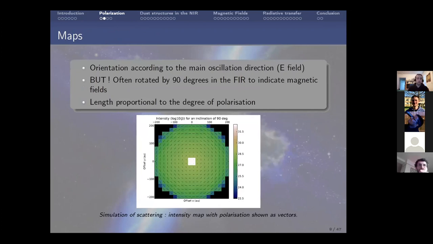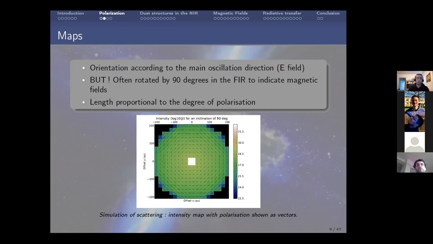So I'm also going to present polarization maps. Usually they are set to represent with small vectors the main oscillation direction, so the electric field. But when I present the data in the far infrared, we usually represent the magnetic field vector and not the electric field. That's a 90 degrees rotation, because it's easier to represent.